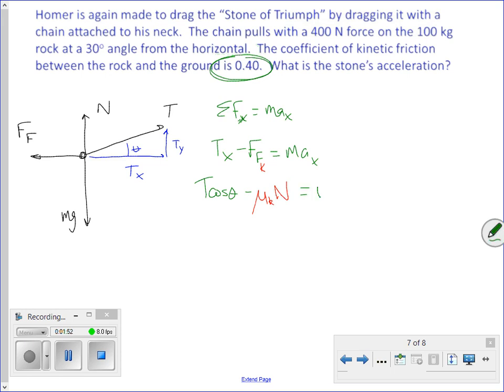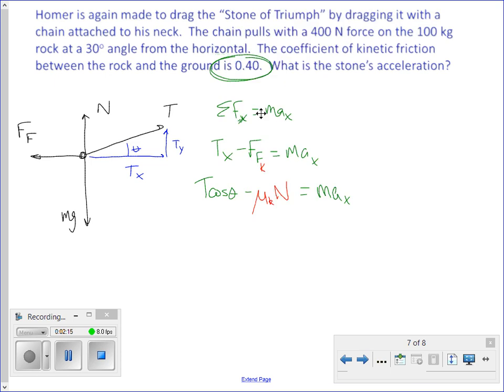So there's our next step. You do have the option of, off to the side somewhere, figuring out what the friction force is, and then pumping that back into there. That's certainly an option. I'll do it all at once and come up with the single expression.